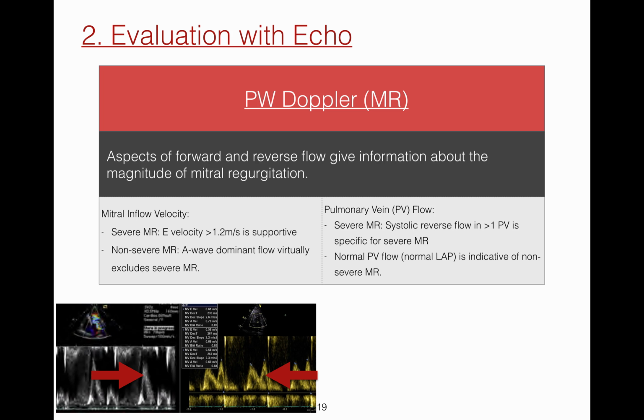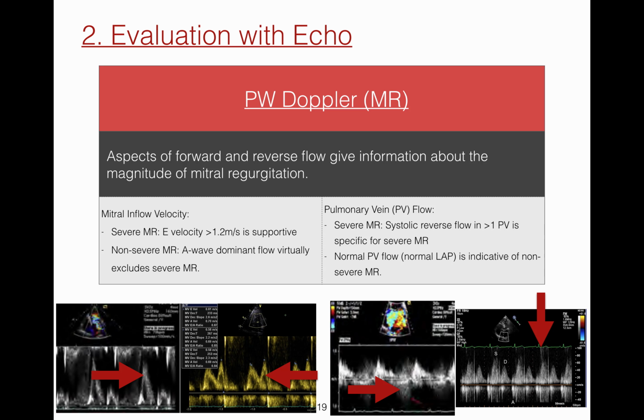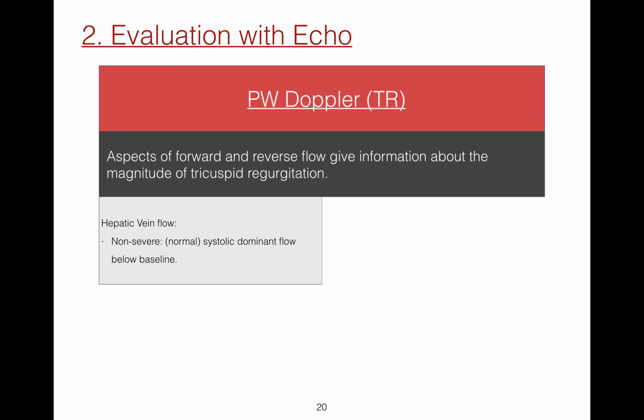Secondly, measuring pulmonary vein flow. Systolic flow reversal in more than one pulmonary vein is a specific sign for severe mitral regurgitation, while normal pulmonary vein flow indicates that MR is not severe. Aspects of forward and reverse flow measured with PW also give information about the magnitude of tricuspid regurgitation.